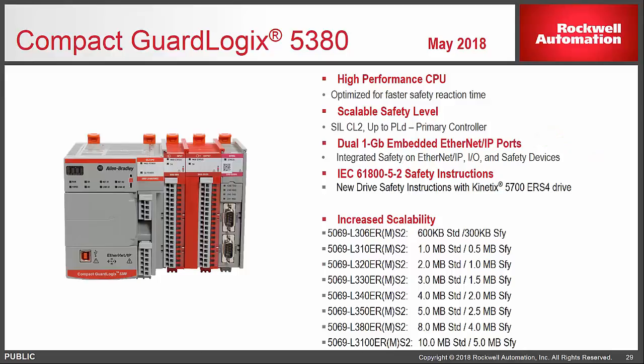This first release of the Compact GuardLogix will support SIL Level 2 safety control systems. As you can see here, the Compact GuardLogix 5380 will be available in all ranges of the Compact Logix 5380, from the L306 600 kilobyte model all the way up to the L3100 10 megabyte model.